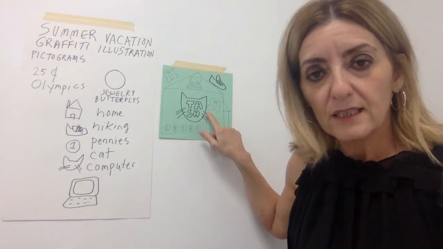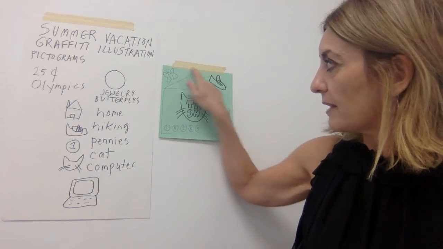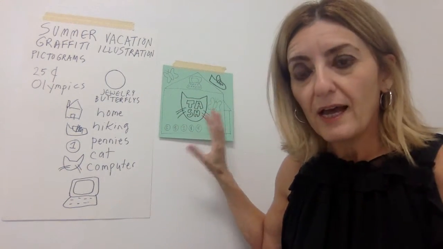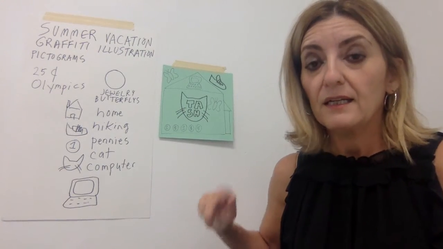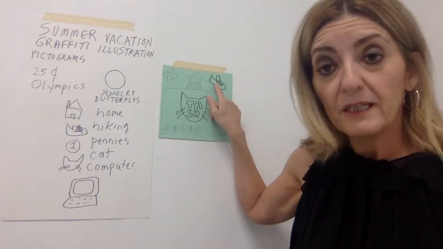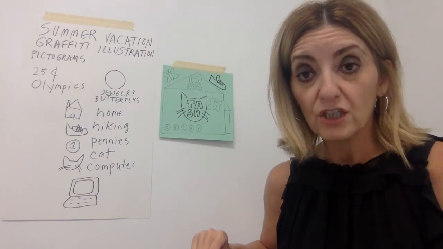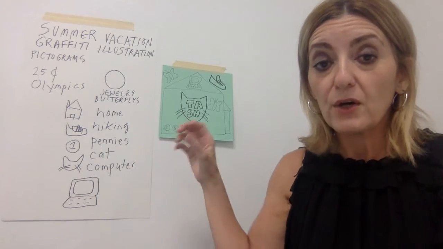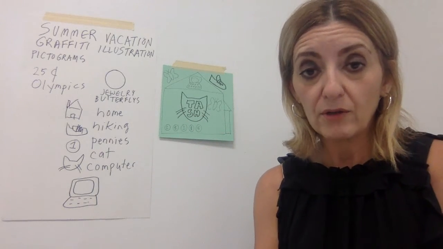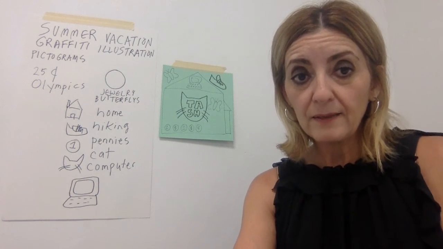Actually, this looks like it's touching in the video, but it's not. And then after all that, thick and thin lines with the Sharpies, and then coloring in. Now with coloring in, we're going to be giving you some colored Sharpies, but you will not be coloring large areas, just small areas. You will also have colored pencils, and so you can decide how you're going to go about doing that. So I hope that helps with the lesson.